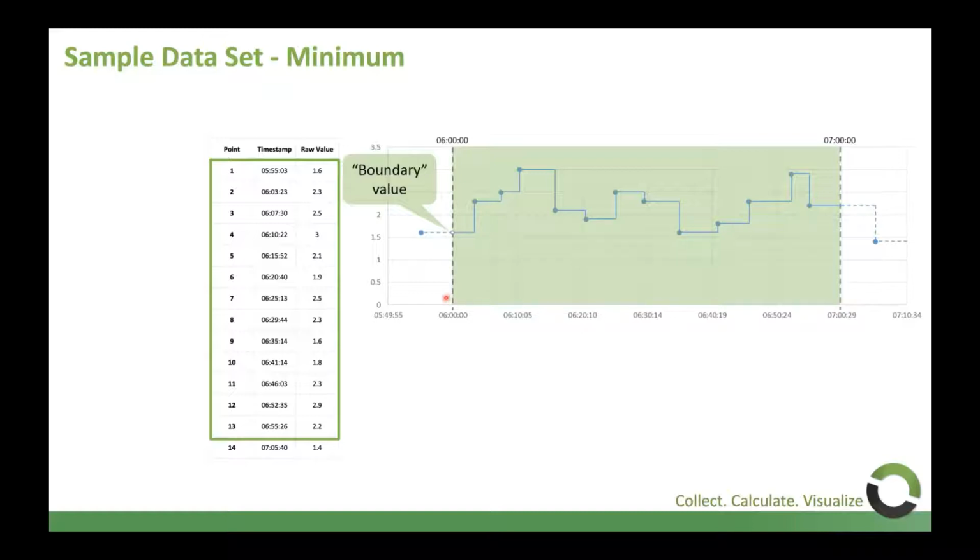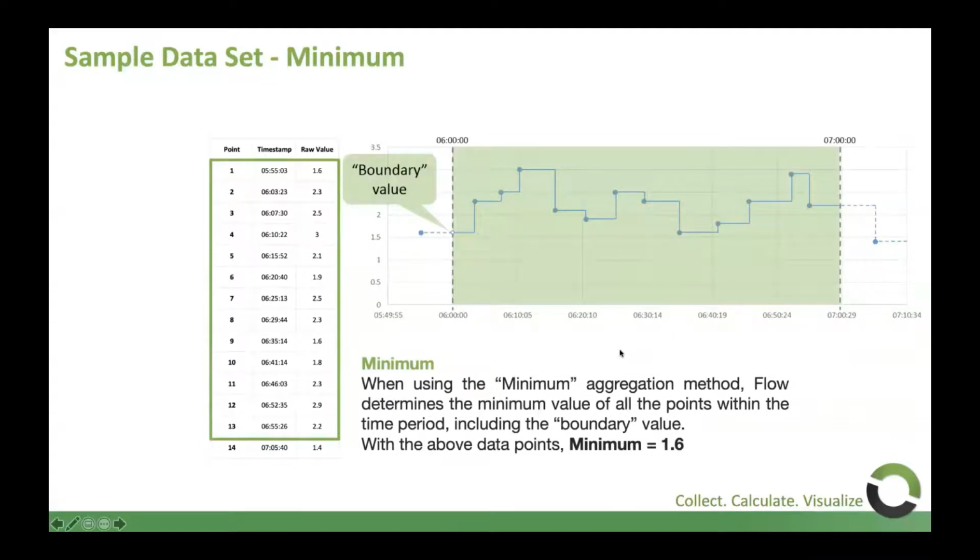Now, if we look at the data points here, there are 2 data points in my window that have the same value, which is 1.6, which is the minimum. So the result of my minimum aggregation for this data set will be 1.6. So we'll return one value that gets stored in the Flow ODS, and that will be my 1.6 value, because that is the minimum value that we have, including the boundary value.